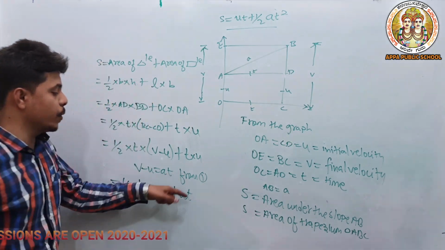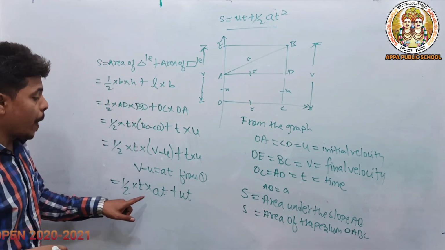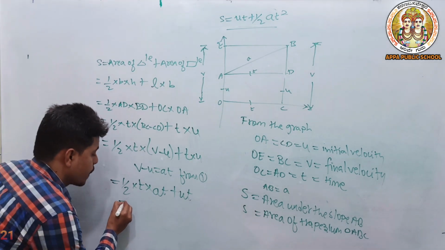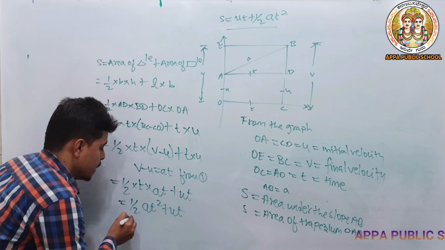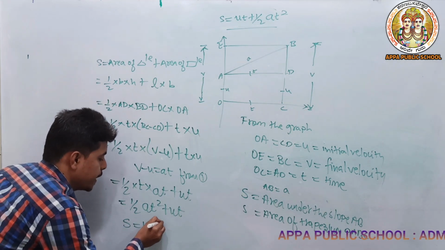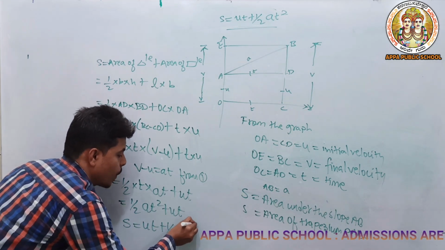We can write T into U as UT. So AT into T gives AT square, plus UT. S is equal to UT plus half AT square.